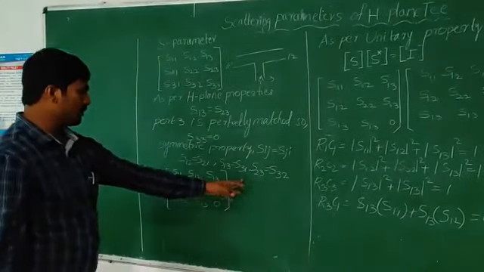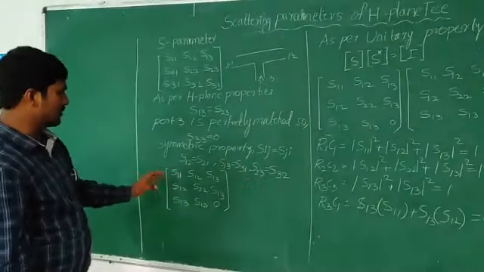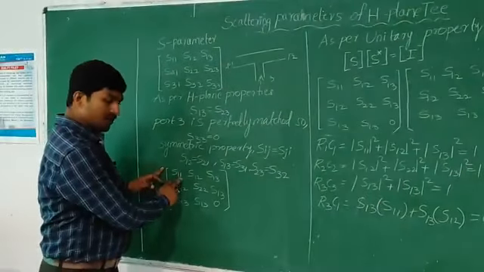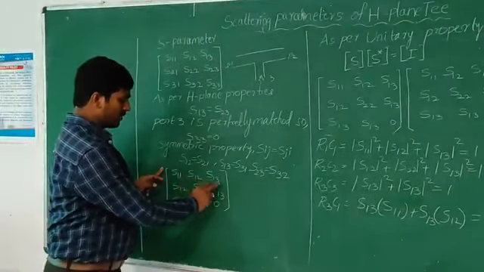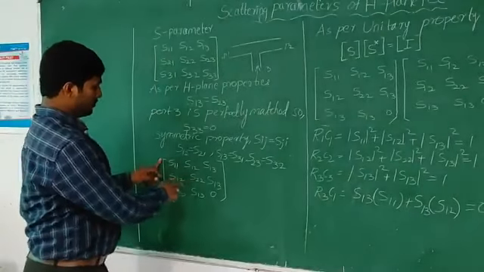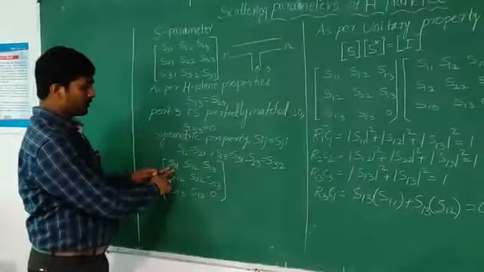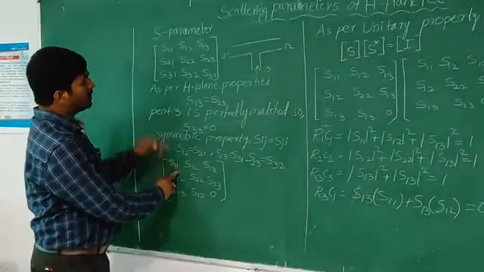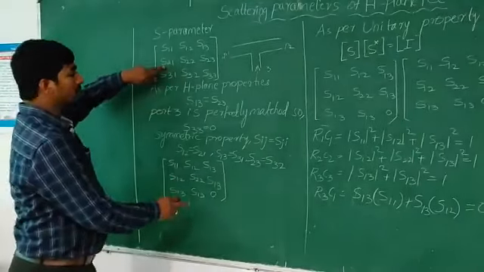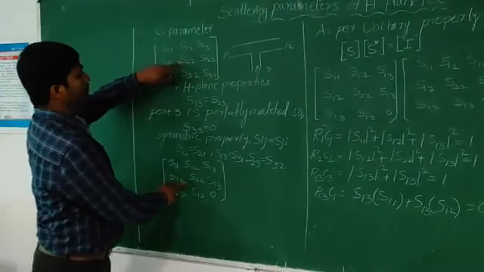By substituting all values in the scattering matrix, it becomes: S11, S12, S13. Instead of S21, we write S12.